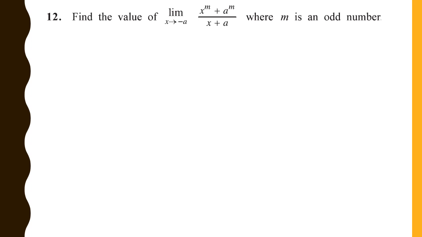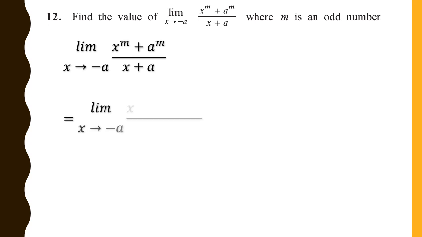Limit x tends to negative a, x raised to m plus a raised to m divided by x plus a, where m is an odd number. Now odd number means 1, 3, 5, 7, 9, etc. numbers. First of all, we are going to write it down as it is, and now because the x tends to negative a, I want a negative a in my equation, which is right now a positive a.